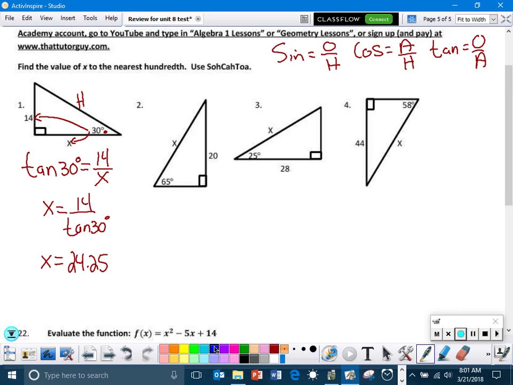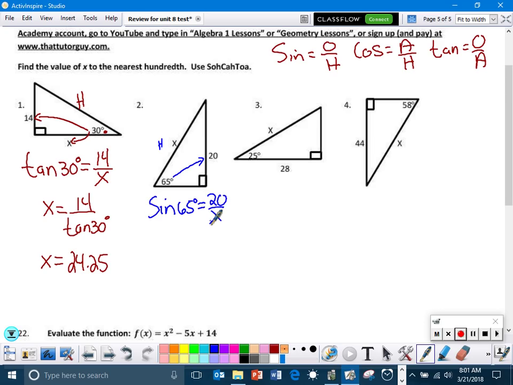Okay, the next one. Here's our angle. This is the hypotenuse. This is the opposite. Well, opposite and hypotenuse is sine. So it's going to be sine of 65 degrees equals 20 over x. Again, opposite over hypotenuse.